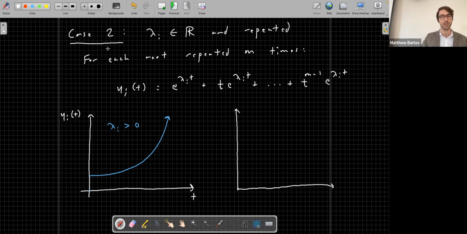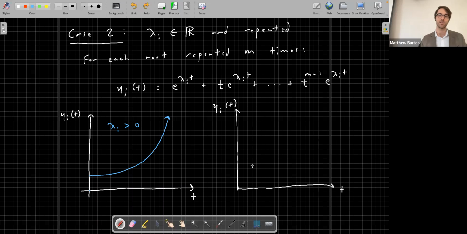And what about for the negative case? What about for the case of lambda_i less than 0? So it'll decay, but it will also jump up at first. Yeah, so you'll get something that looks kind of like this. And don't treat this as an exact drawing.